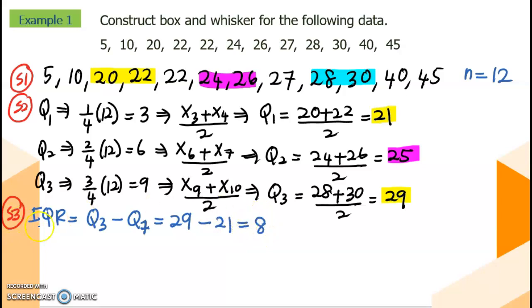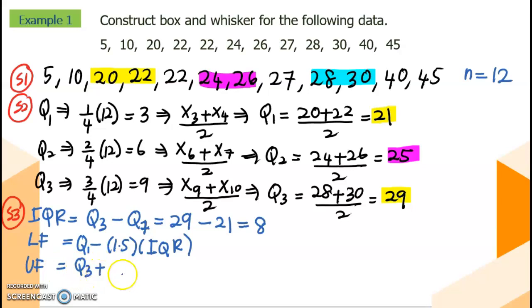And then we find the lower fence and upper fence. Lower fence is Q1 minus 1.5 multiplied by the interquartile range. Upper fence is Q3 plus 1.5 multiplied by the interquartile range.